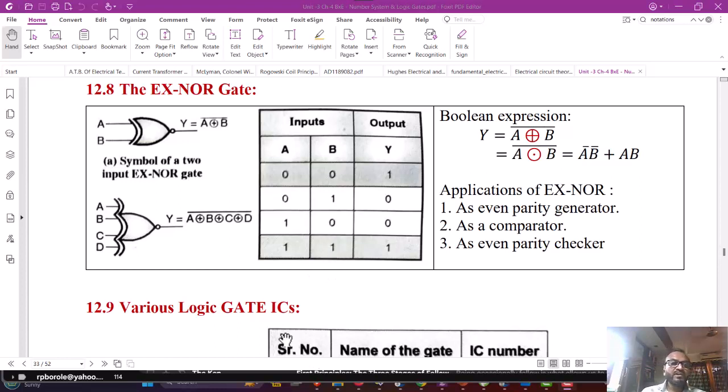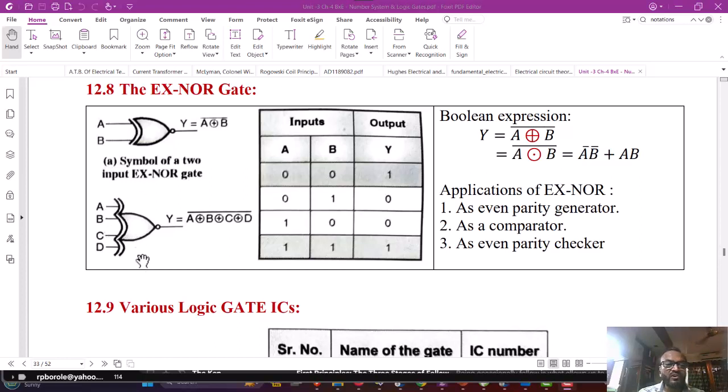Therefore, if you see the symbol here, there is just a bubble added to the exclusive OR gate that caused the output complement of the exclusive OR gate and made it an exclusive NOR gate.